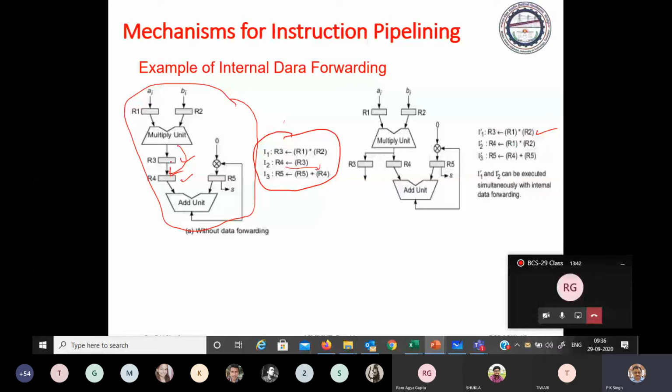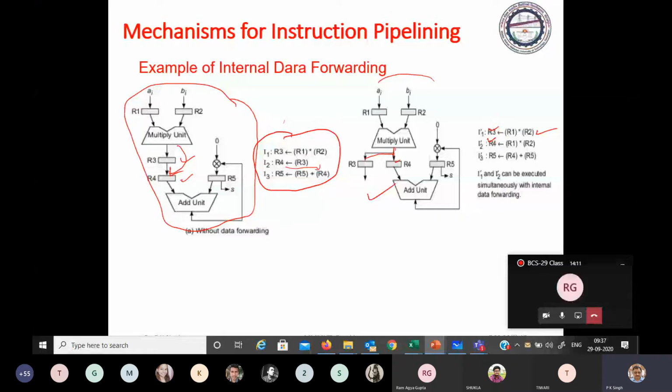So only the result is replicated for loading the result in R3 as well as R4, and then you can perform it, and the data flow is like this. It means after multiplication you can store the result in R3 as well as in R4. This is the case of internal data forwarding. Okay.